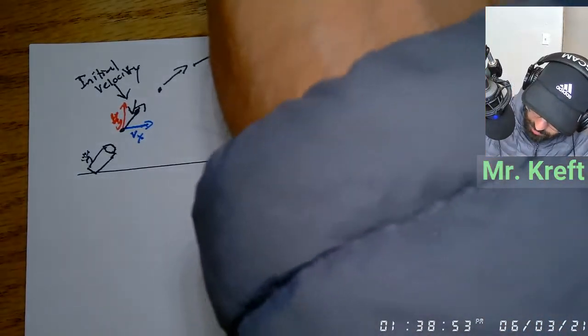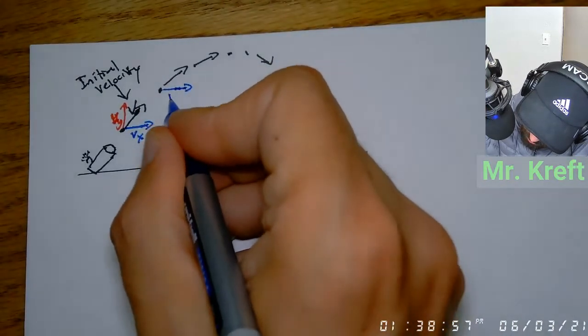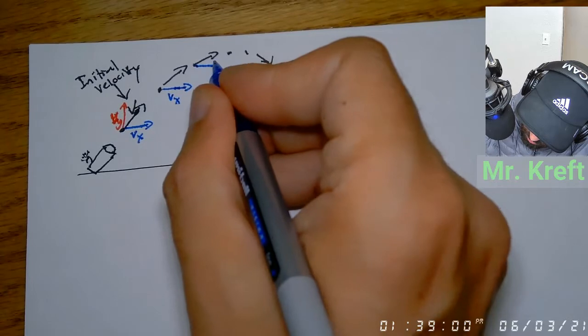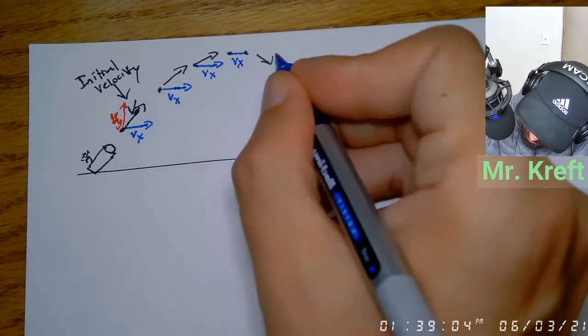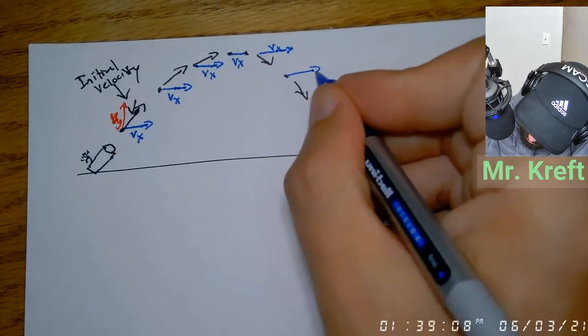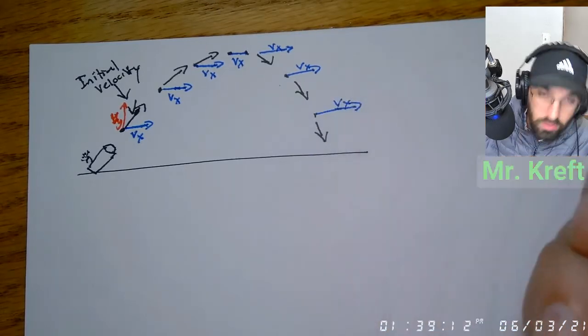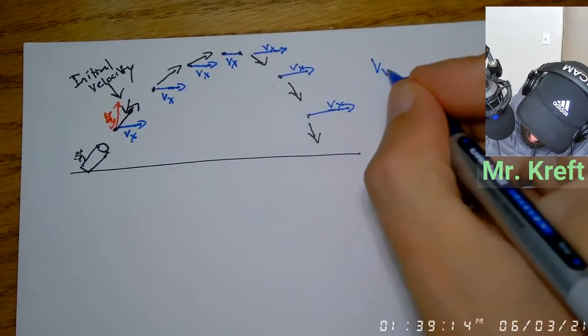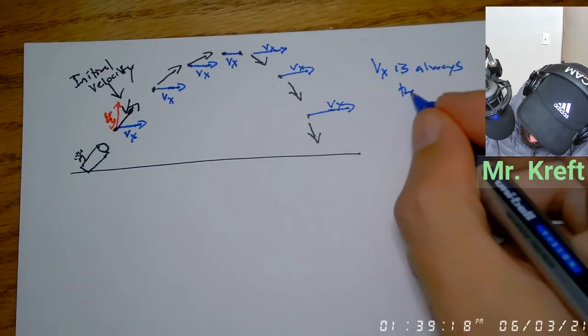What physics tells us is that an object in motion stays in motion. So it turns out that v sub x always stays the same.